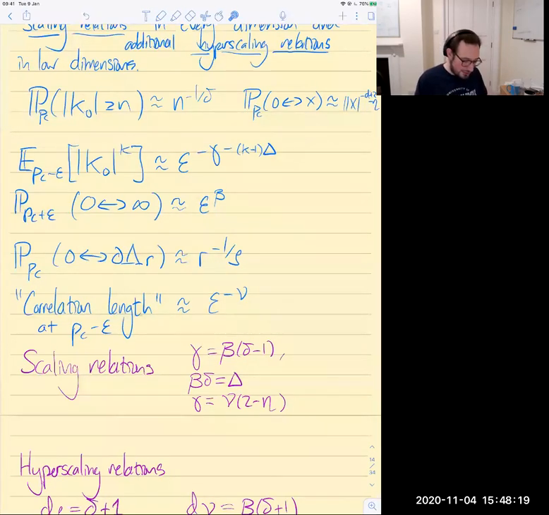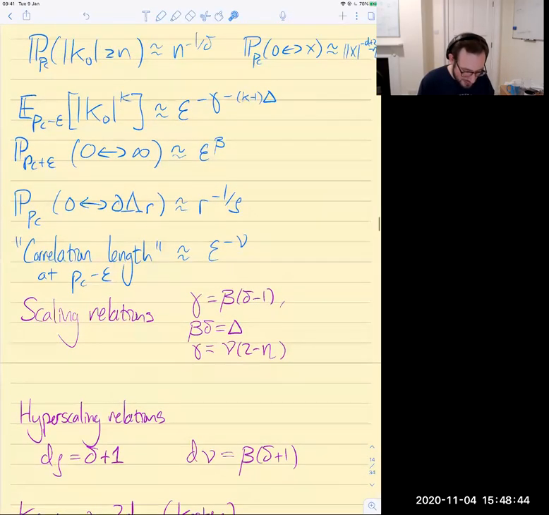In particular, there are what are called the scaling relations. These are expected to hold in every dimension, and they have nothing to do with percolation in particular. The same relations are supposed to hold for basically any reasonable model undergoing a continuous phase transition.